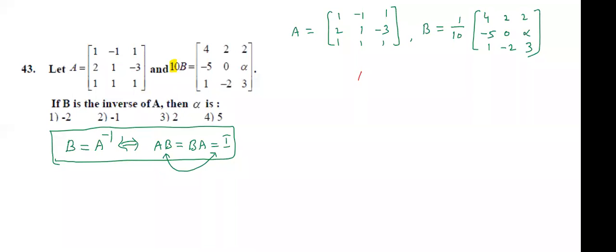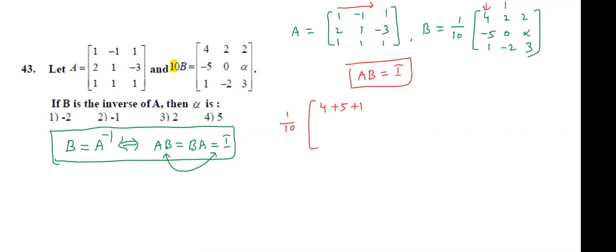Now use the condition AB is equal to I. Now multiply the A and B matrices. Here 1 by 10 is there, I have written it outside. First row, first column: multiply directly, 1 into 4, 4 plus 5 plus 1.